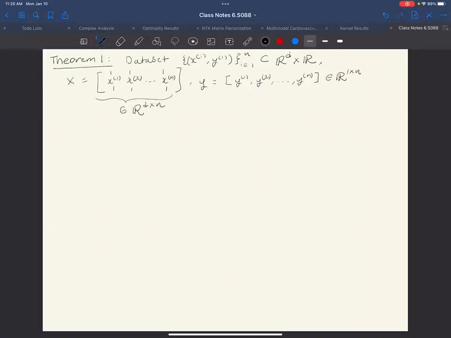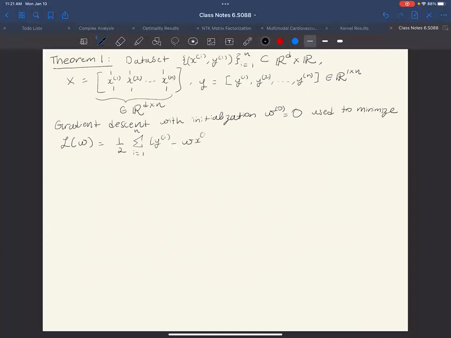Okay. So now the theorem is: gradient descent with initialization W0 equals 0, used to minimize L of W, which is just the summation i equals 1 to n of (yi minus W xi) squared.